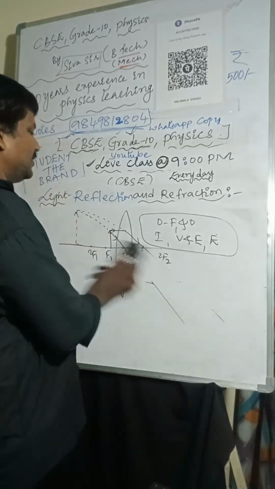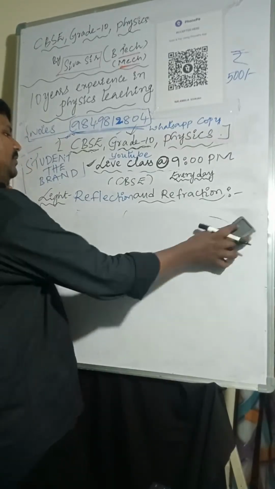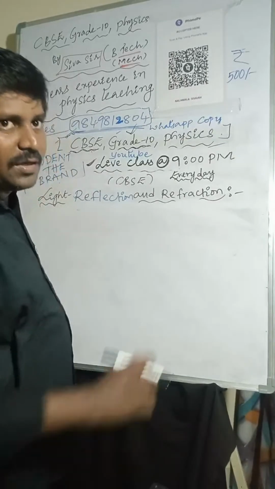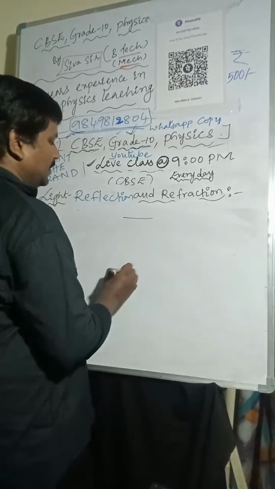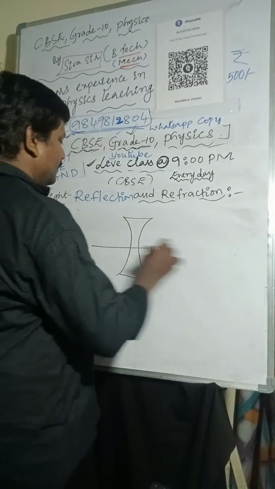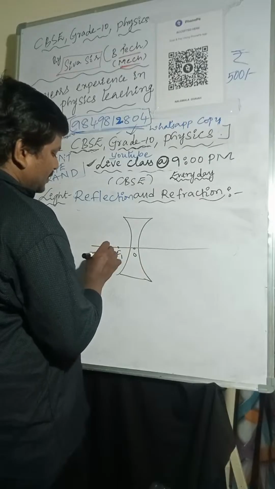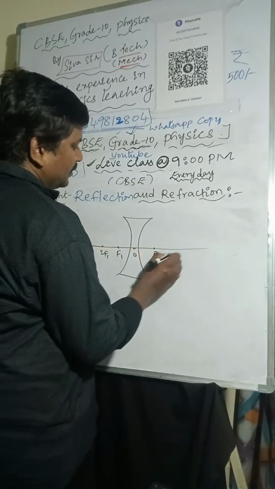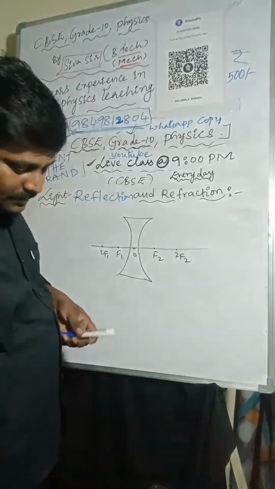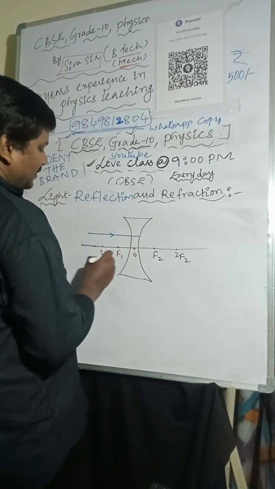Next, we are going to the another one. Concave lens I'll explain. So only 2 cases are there. Optic center, F1, 2F1, F2, 2F2. So the object is placed at infinity.